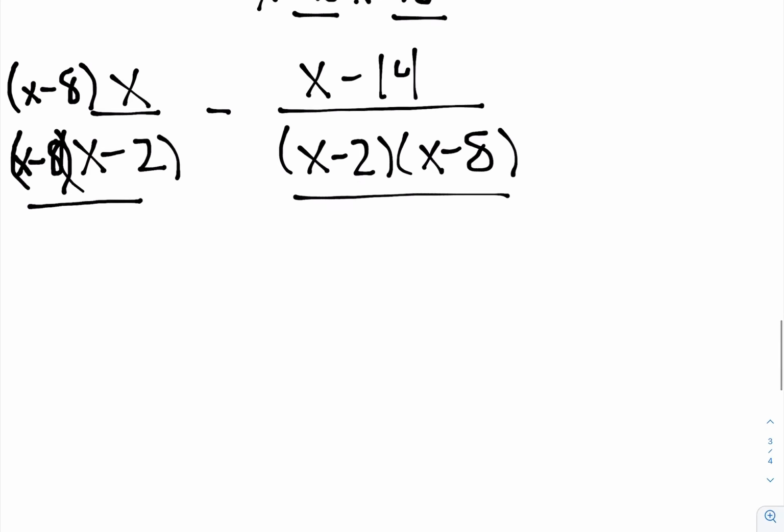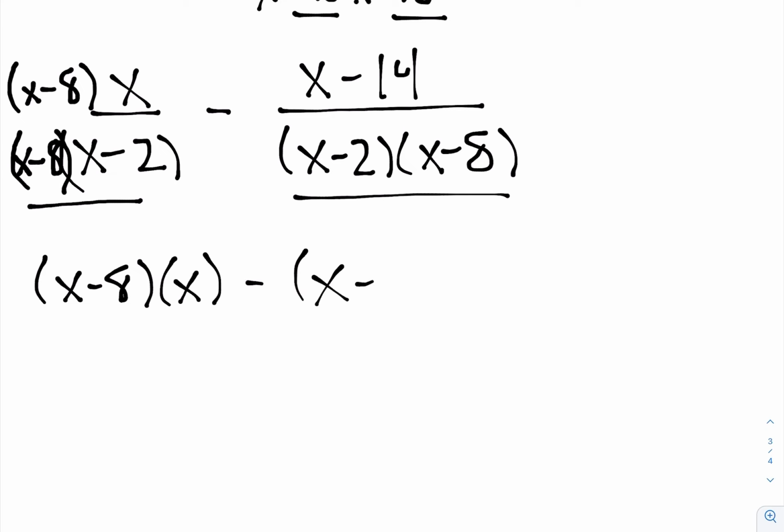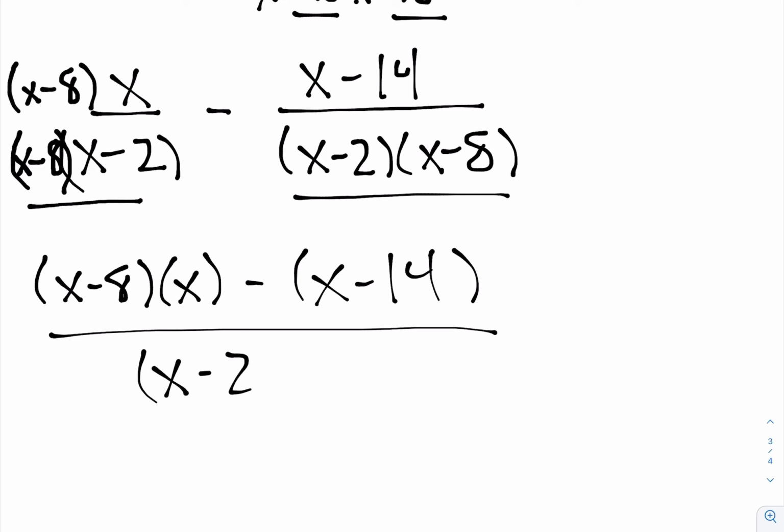Okay, so on the top we have x minus 8 times x minus x minus 14, and that is all divided by our common denominator, right, of x minus 2 times x minus 8. So we need that common denominator. Once we have it, we can combine the fraction, right, which is what we just did.